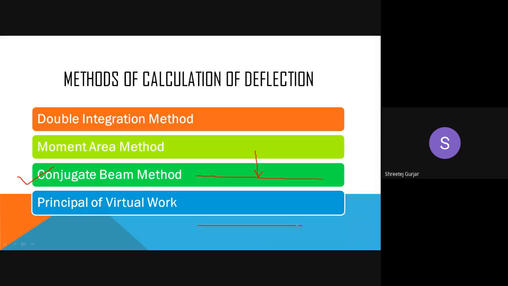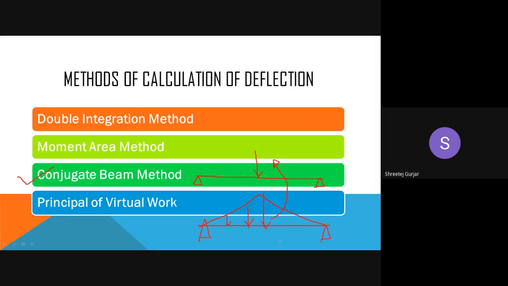You draw your bending moment diagram. Then you remove this load and put the bending moment diagram that you have drawn as the loading on the beam. You convert it to a fixed beam or a simply supported beam, and you consider the bending moment diagram as the load now.